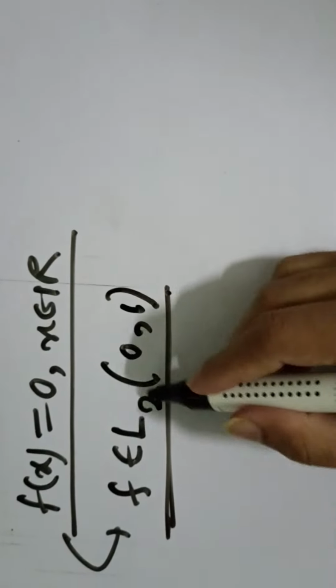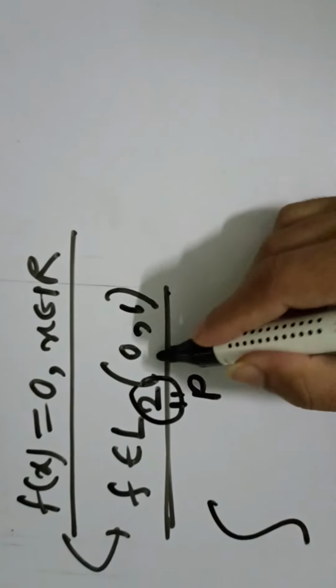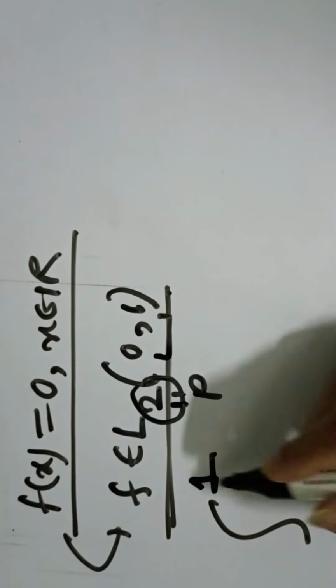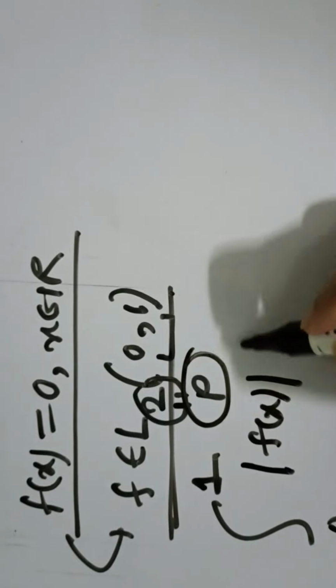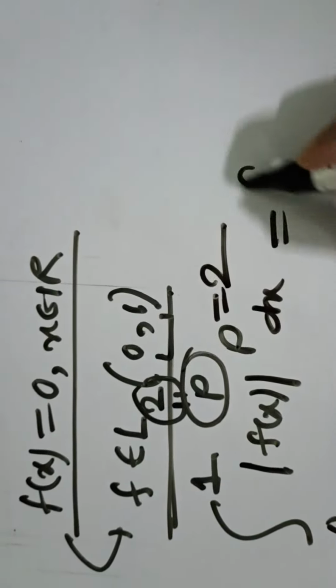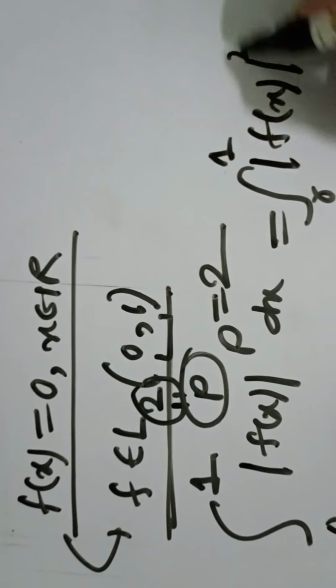How do we check? For L2[0, 1], here p is 2, so we have to integrate over the interval 0 to 1, the lower and upper ends, of |f(x)|^p, so p here is 2. That is the integral from 0 to 1 of |f(x)|^2 dx.